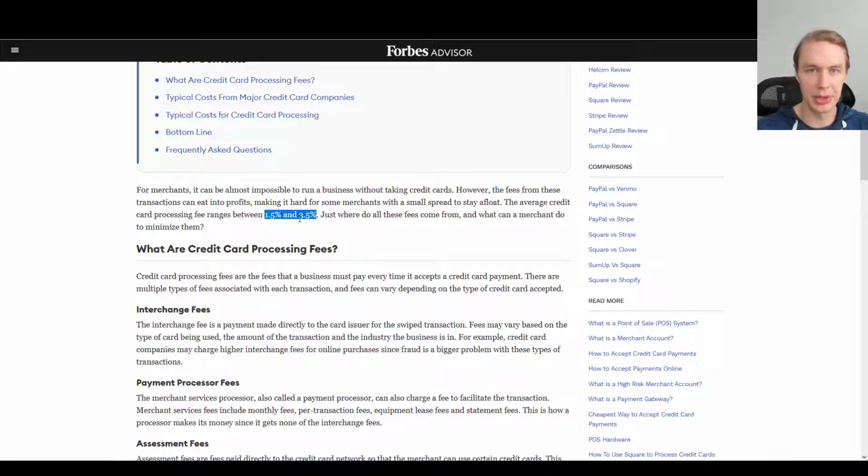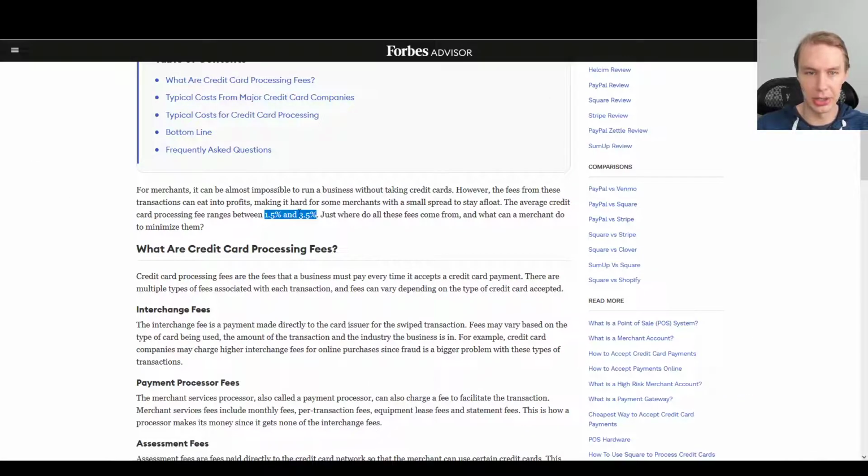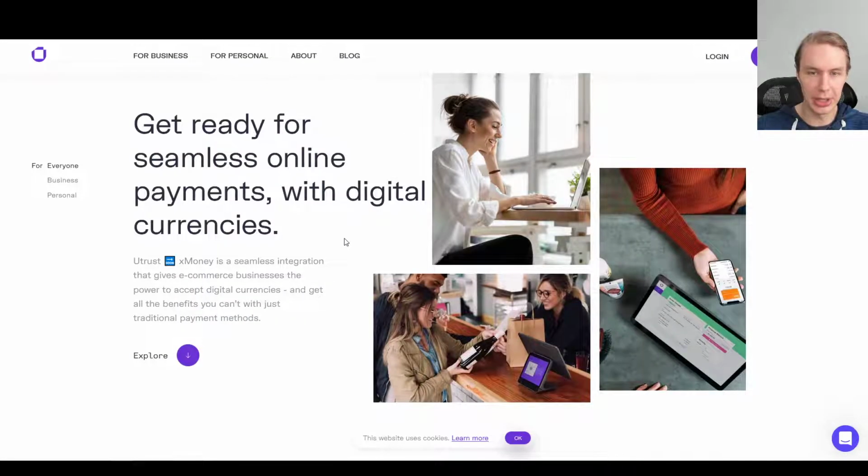Now, of course, with a service like Utrust, this isn't going to be totally free, so it would be incumbent upon Utrust to charge for their services at a rate that's less than the credit card companies are. But I think that should be possible, because the nice thing with crypto is there's no single middleman, right? Except for paying gas fees on the network to move funds around, it's all decentralized.